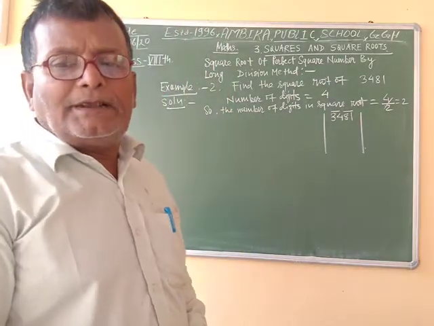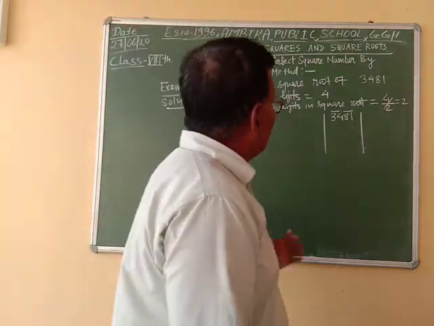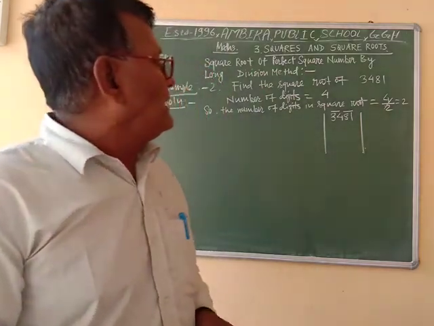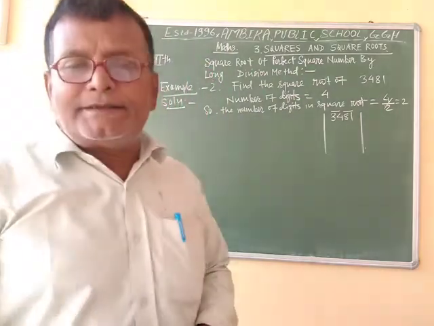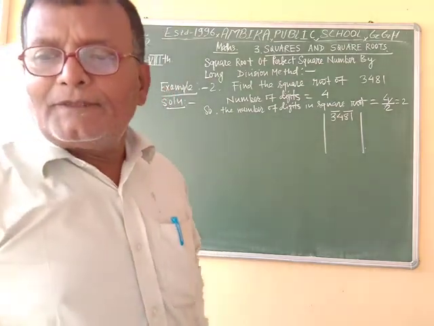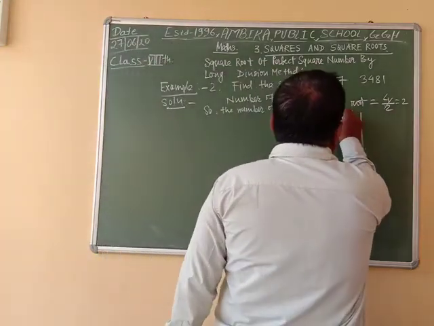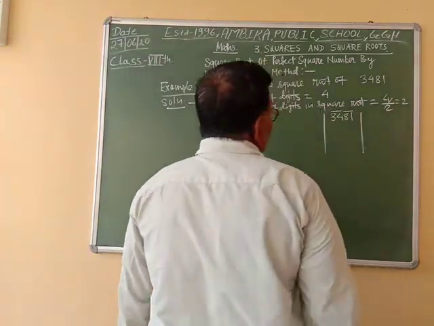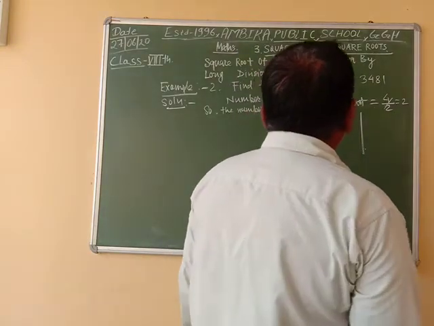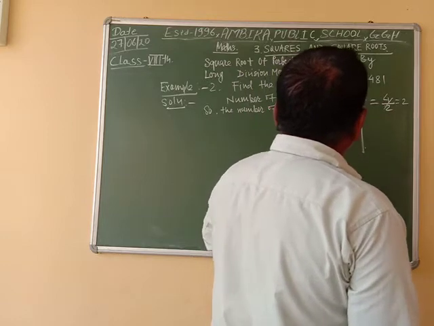Identify the largest number whose square is equal to 34 or less than 34. Taking this number as a division, here a square of 6 is equal to 36, but we are given 34.